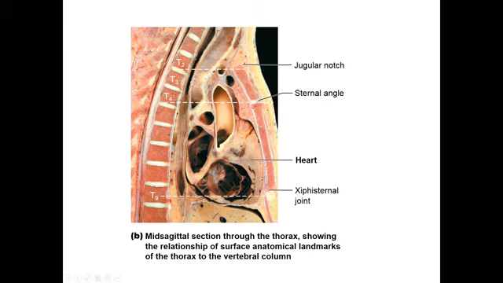If you were further up, you wouldn't be as effective. You want to get the big chambers of the heart. And you can also see that the jugular notch refers to T2, our sternal angle to T4, and the xiphisternal joint to T9. So it helps us to find landmarks on the body.